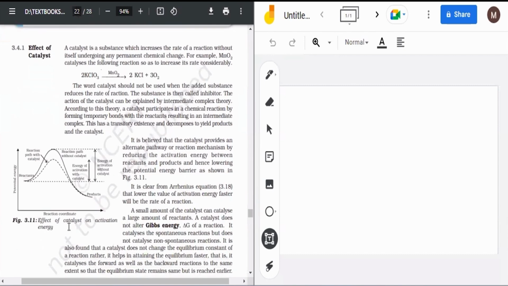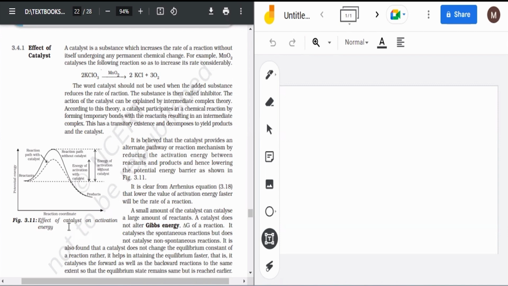Then comes the effect of catalyst. What a catalyst actually does is it proceeds the reaction in a faster way by taking it from some other way. Like if a reaction is taking 2 hours to complete, then it is possible that with the help of a catalyst, that reaction can be done in a single hour instead of 2 hours.